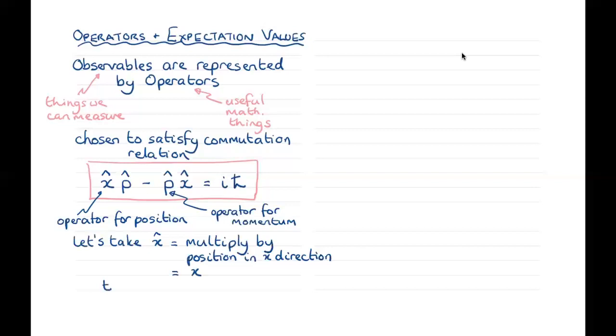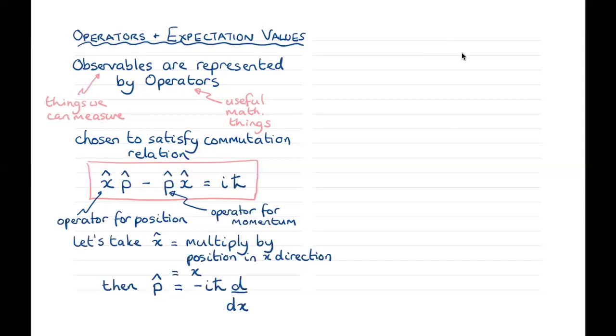If we do that, then we no longer have a choice for the operator for momentum. We'll prove this in a minute, but with this choice for the operator for position, the operator for momentum is required to be minus i times h bar times d by dx in order for the Heisenberg Uncertainty Principle to be satisfied. That looks perhaps a little less intuitive than multiplying by x, but this is a requirement to satisfy the commutation relation.